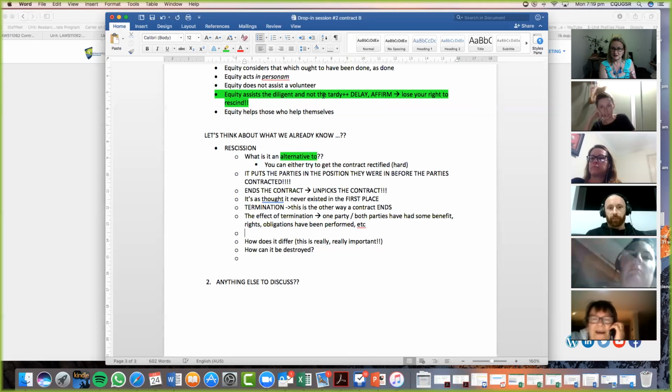Would it be to repay the $75 difference? Yes, because that's the amount that you're out of pocket. The court says, what loss have you suffered as a result of this tort? And the loss you've suffered is that $75 difference between what you paid and what it's actually worth. Yeah?